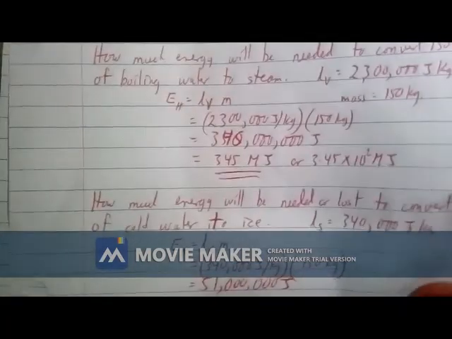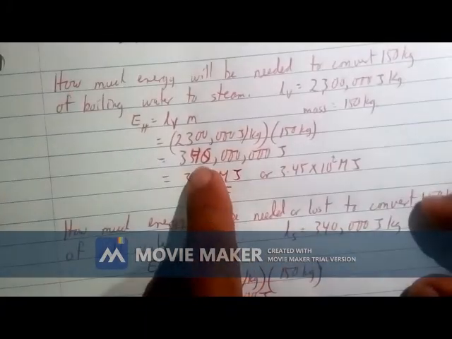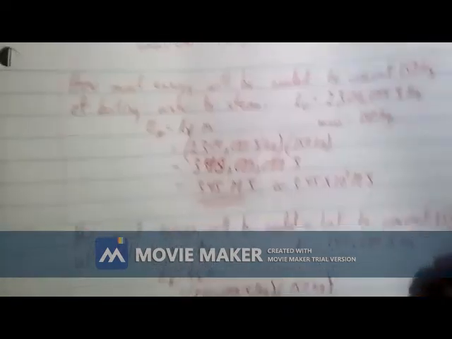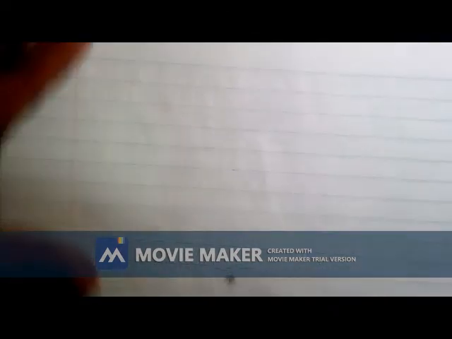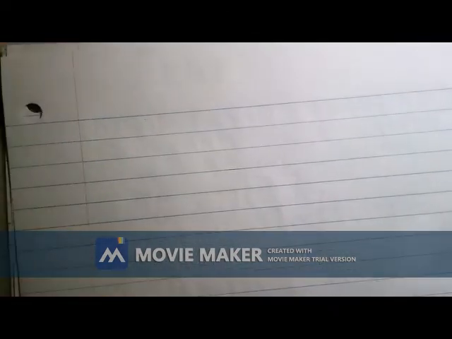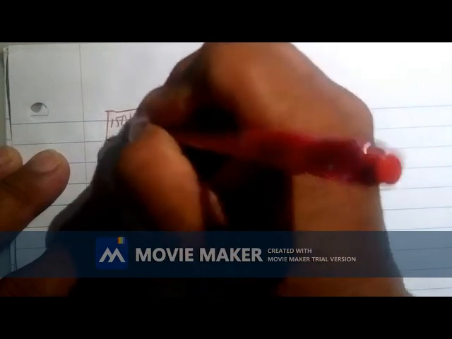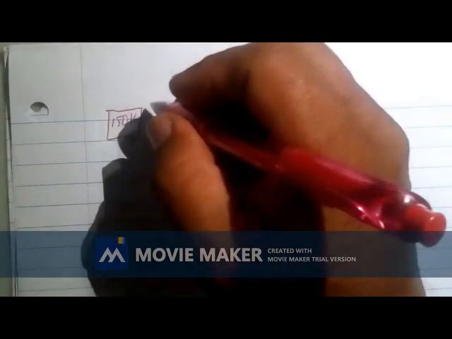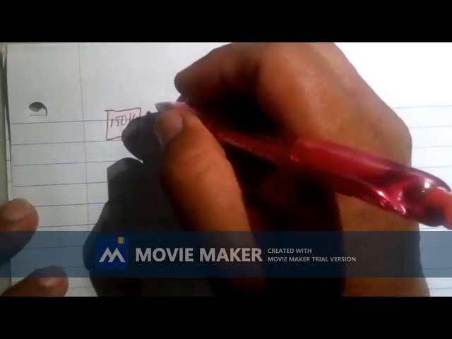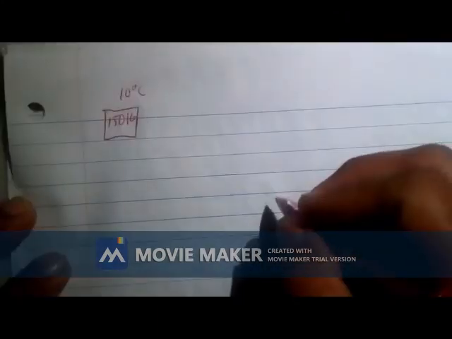Then we looked at how much energy would be required to change state. Now we're going to take that same problem, modify it slightly, and combine the concepts. We have a container of water which has 150 kilograms, at say 10 degrees Celsius.